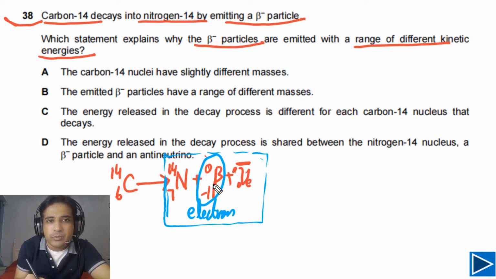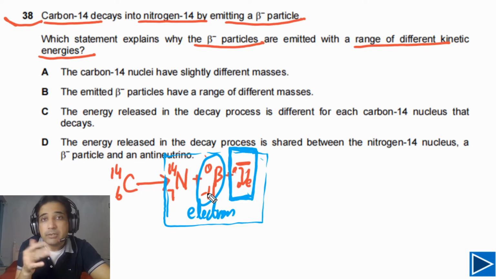But when we look at the kinetic energy of the beta minus particle, the electron, we observe that in the same reaction the kinetic energy of the beta minus particle was always different. So then we thought there must be another particle that is also released with nitrogen-14 and the beta minus particle, because the neutrino was not discovered at that time. So scientists started thinking about why the kinetic energy of this particle is different every time.